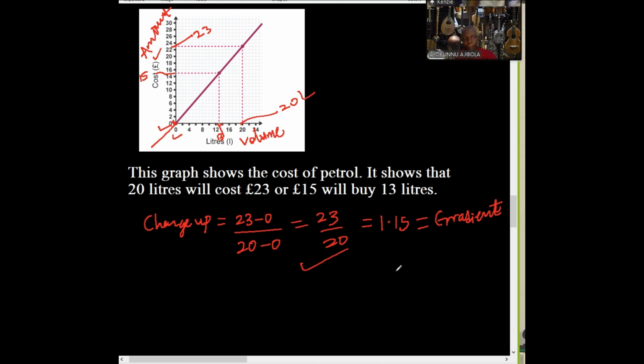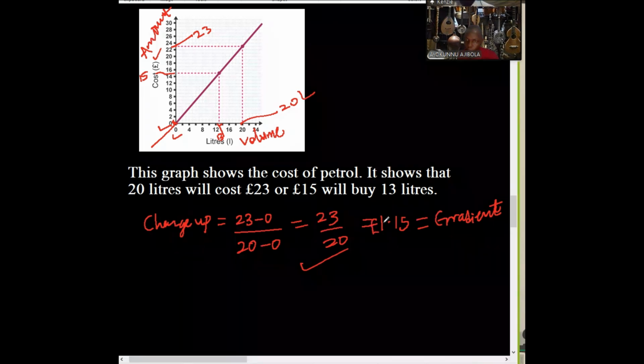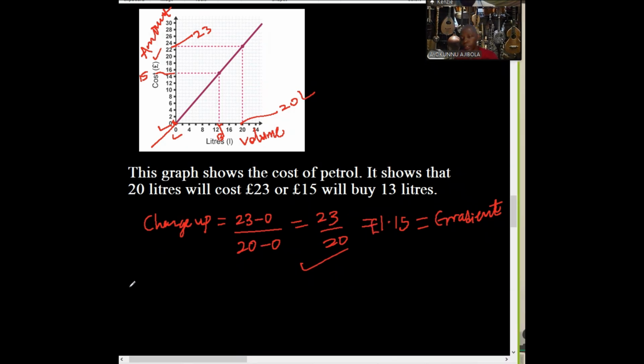Then it shows that the cost per liter of petrol is 1.15 pounds. Okay, so that is the interpretation, the meaning of this gradient.